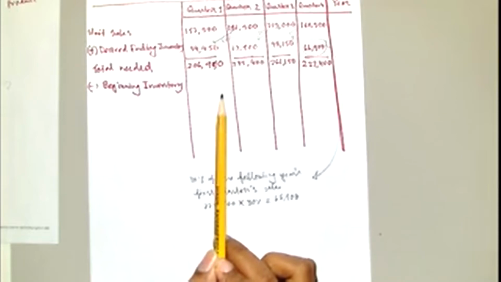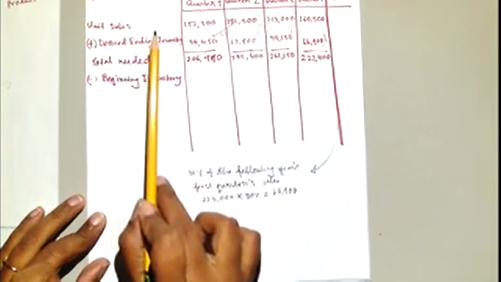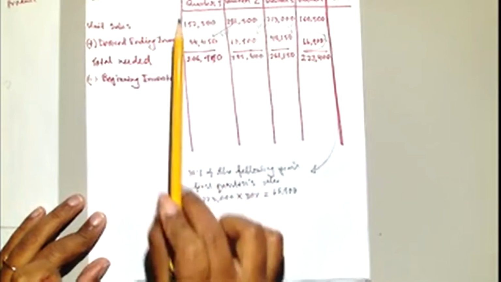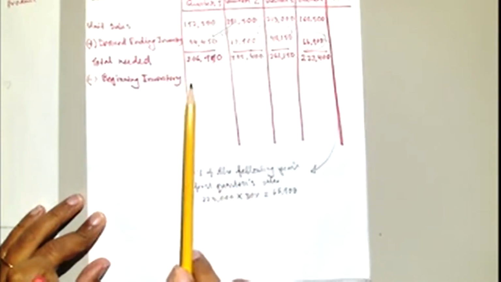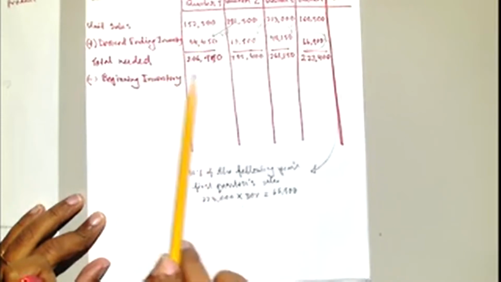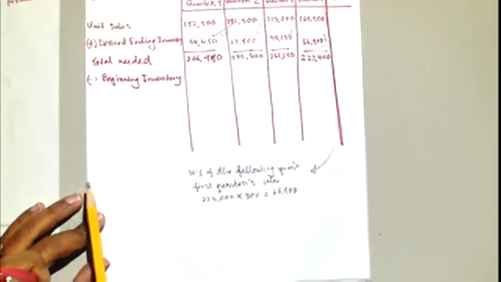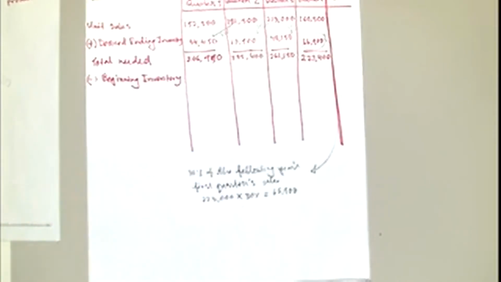Okay, I'll give you some clue. First quarter's beginning inventory means last year's last quarter's ending inventory, right? This first quarter's beginning inventory means the past quarter's ending inventory. So for past quarter's ending inventory, for every quarter, yes, Paul, you have some numbers.